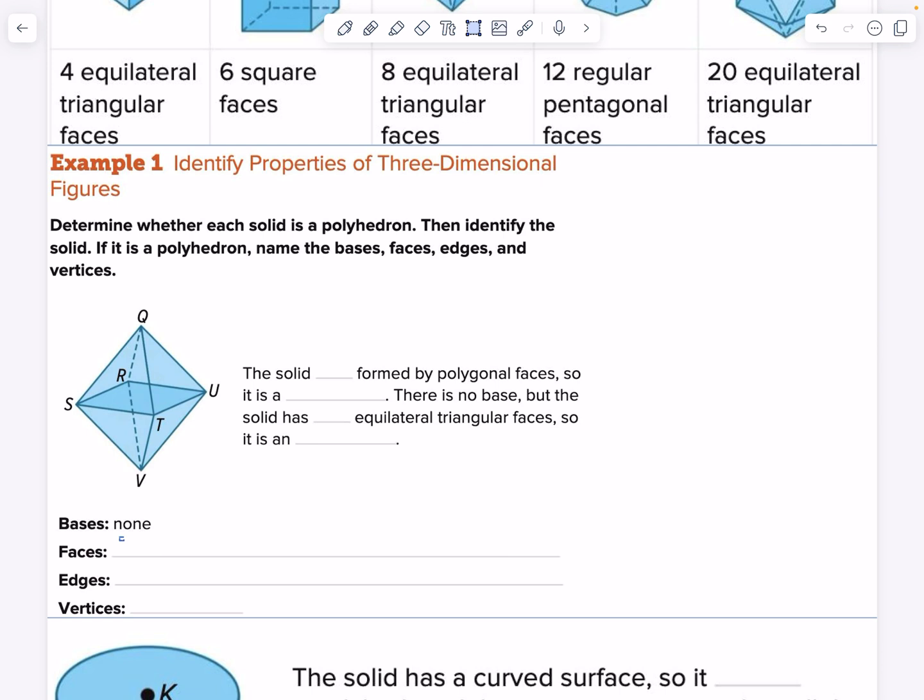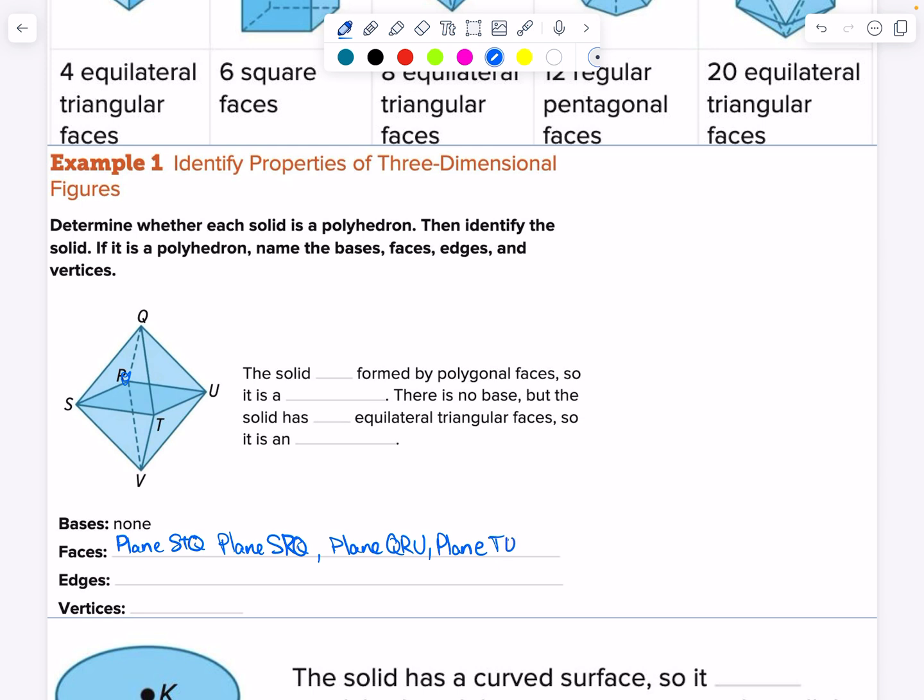The faces, remember, are planes. So when we go to name the faces of a polyhedron, we're going to call them planes. So plane STQ would be this front left one, and then SRQ, and then plane QRU, and plane TUQ.